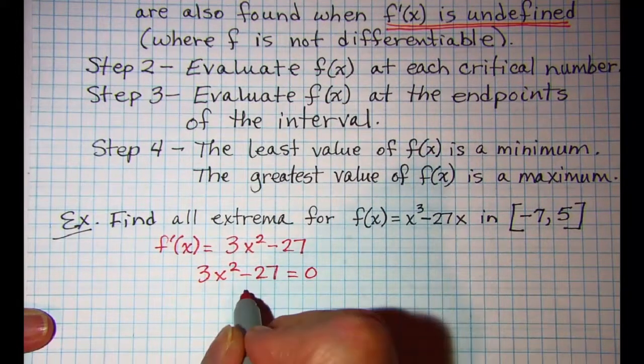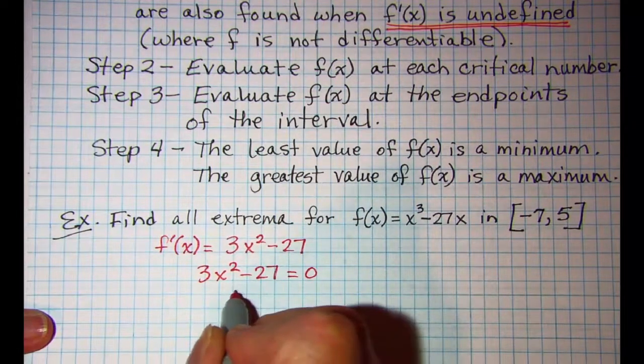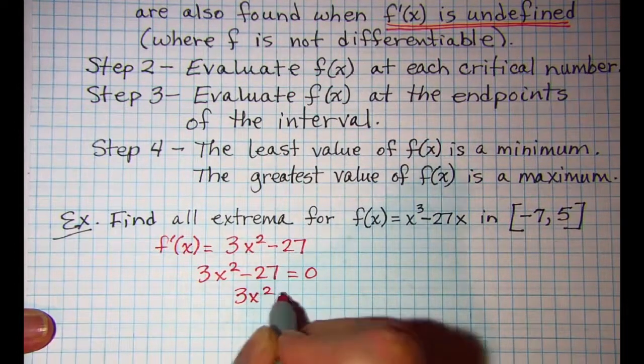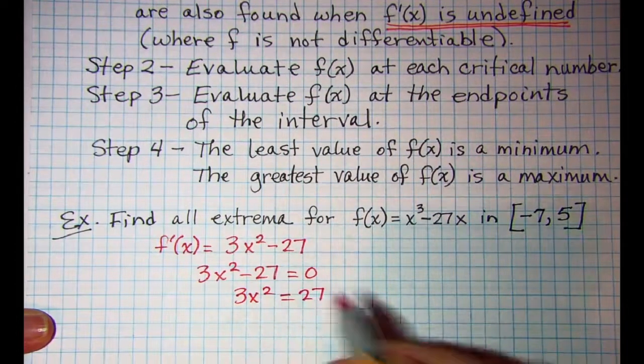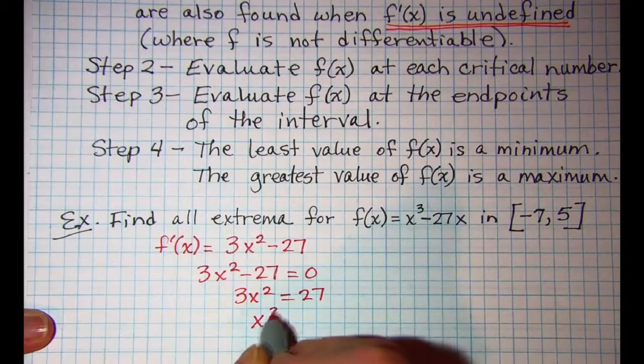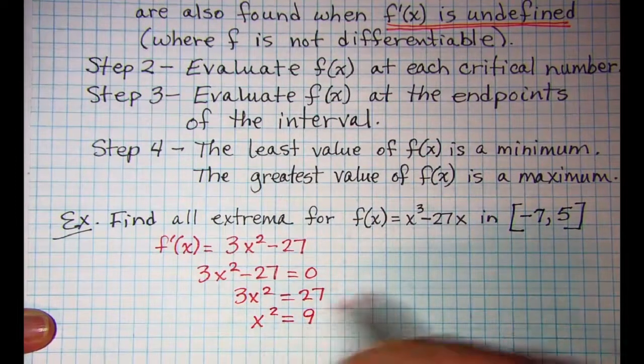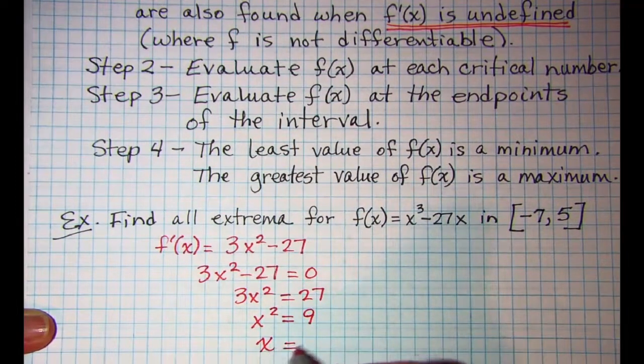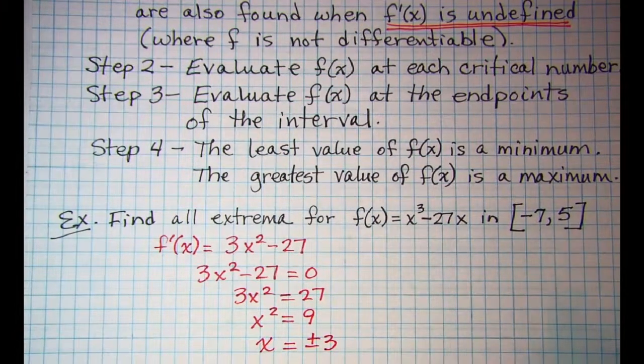Let's add 27 to both sides, and divide by 3. And it looks like x is equal to plus or minus 3. Right, so these are our critical numbers.